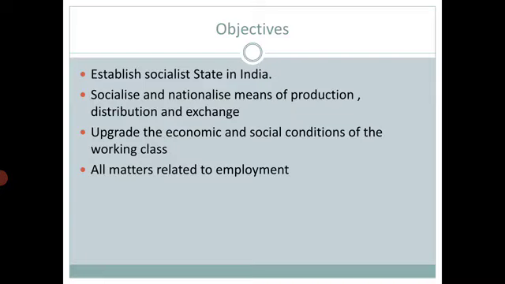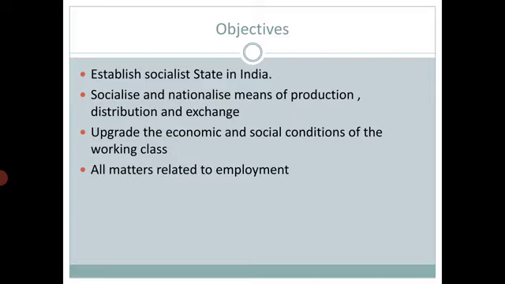Then to ameliorate the economic and social conditions of the working class. Means what? To upgrade the economic and social conditions of the working class.